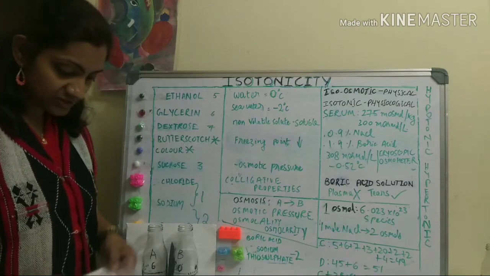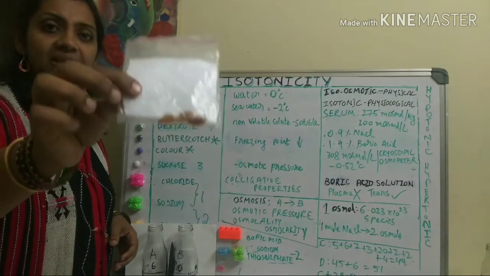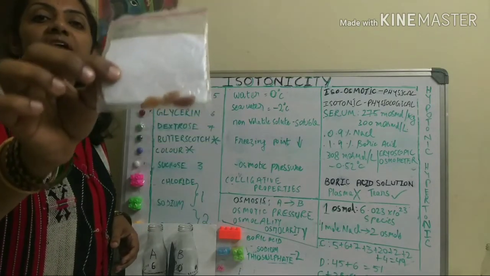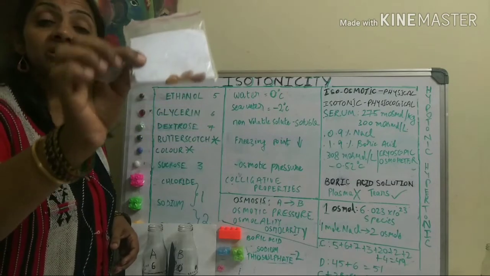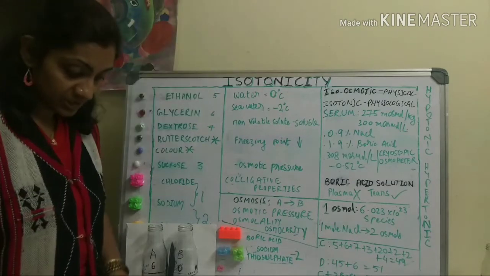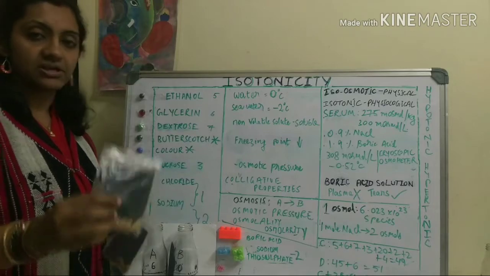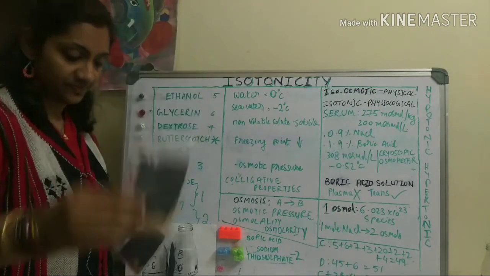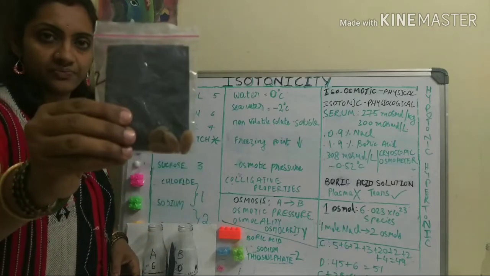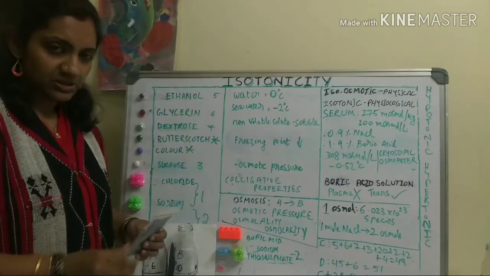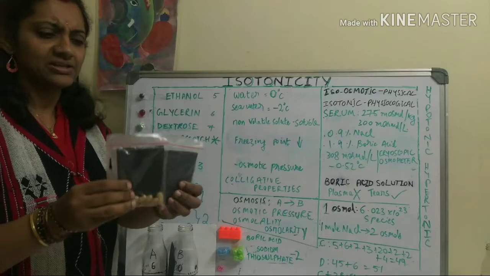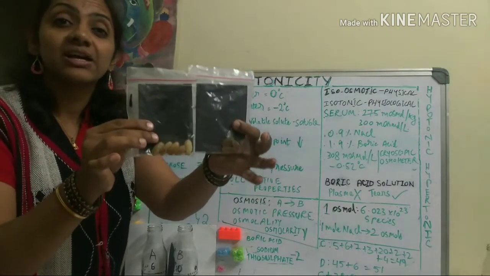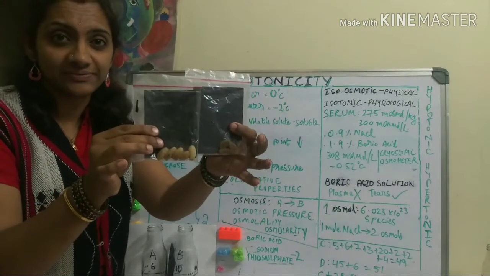Now I have some raisins here. You can see this is the dry original raisin, completely devoid of water. Now observe these packs. This is pack 1, and this is pack 2. Yes, you have observed right. The packs are swollen, the raisins are swollen.